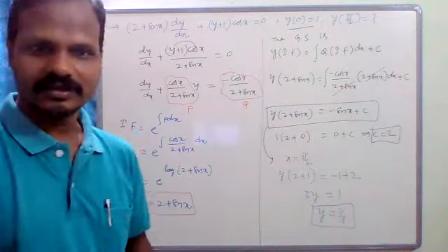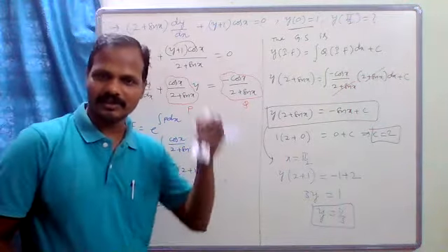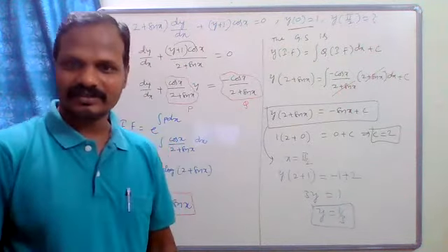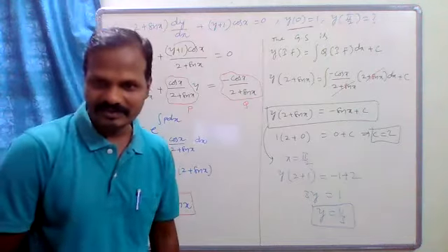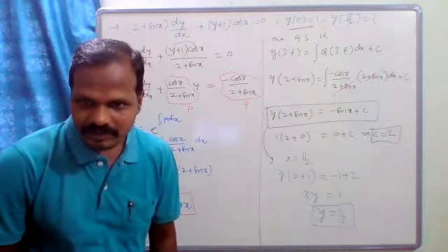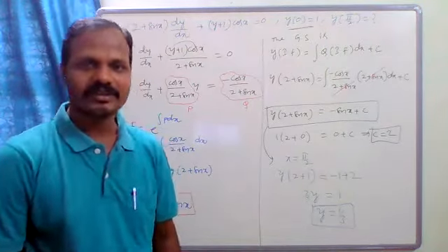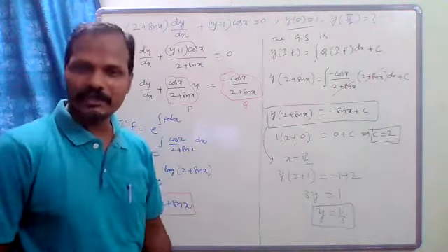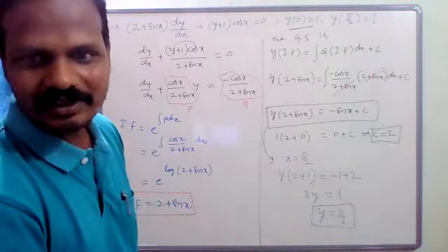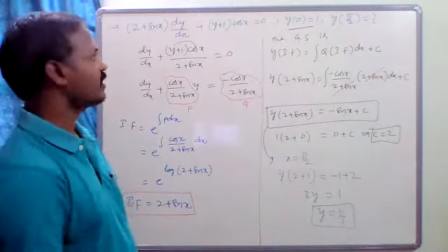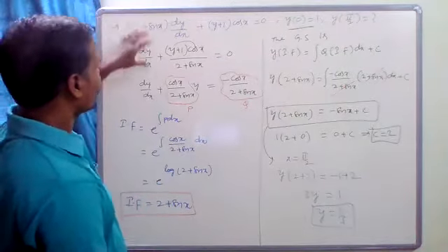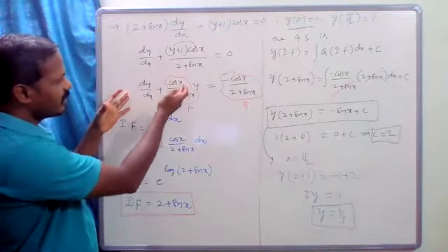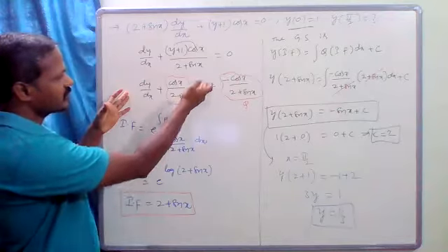Good. I think you are good in linear differential equations. You understood very well. Of course, we can do this by using variable separable also. Take this y on the left side, dy by y, and cos x by 2 plus sin x.